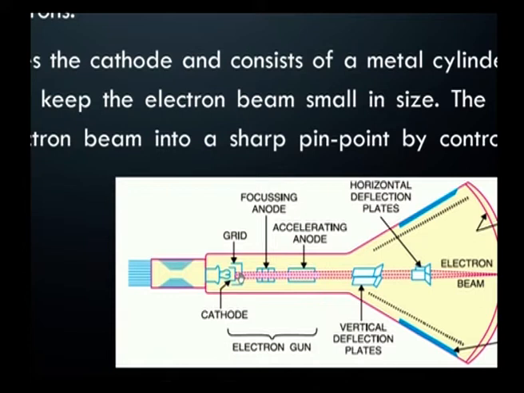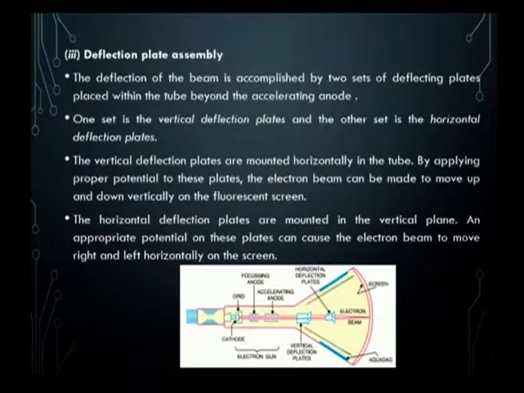The grid has a very tiny hole which makes the beam appear as a sharp pinpoint. After that it moves to the focusing anode and accelerating anode, which also help in making the electron beam a sharp point. So, this electron gun helps in the formation of an electron beam that strikes the screen.